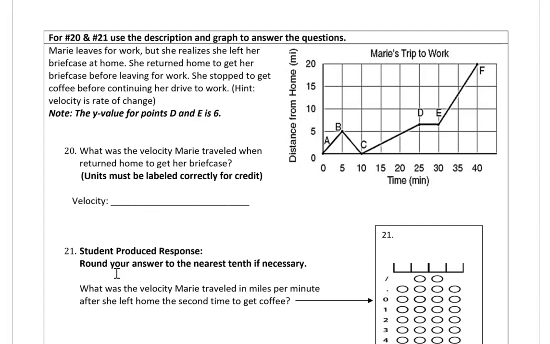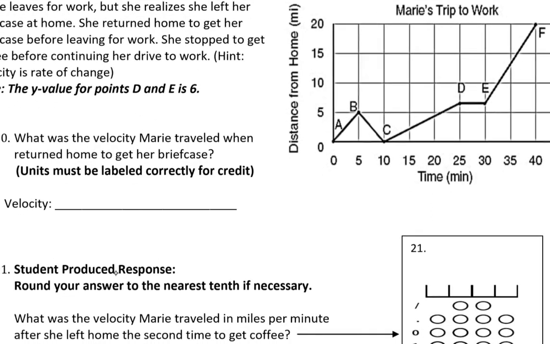So if we think about our path, she left for work, forgot it, returned home, right? So we're looking when she returned home. So that's from B to C. So that represents this portion of our graph. So our points here, for B, it would be at 5, 5. And for C, it would be at 10, 5. So we find the slope.